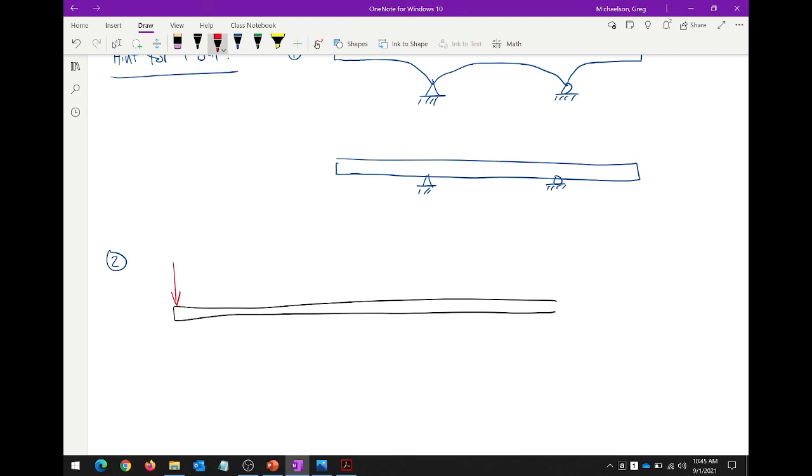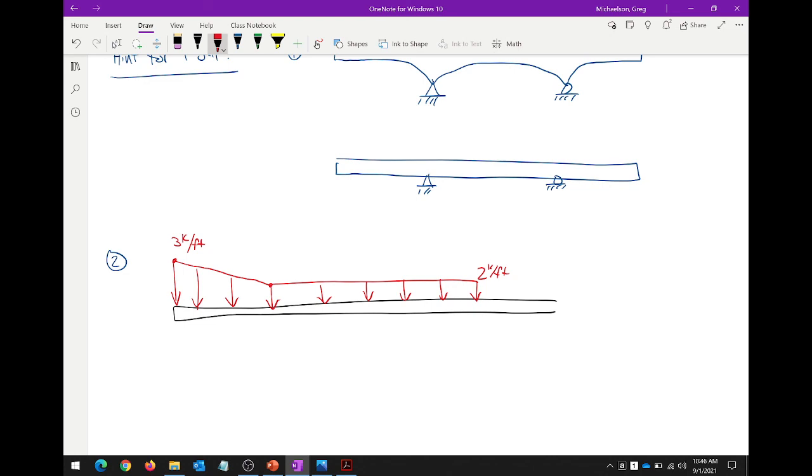But it does something like this. It's like 2 kips per foot, and then it jumps up from 2 to 3 kips per foot. So that's the load that's applied.